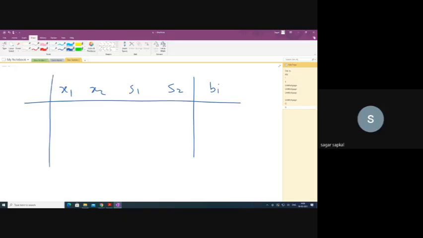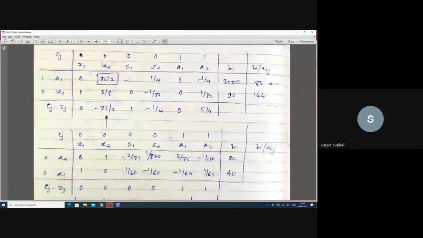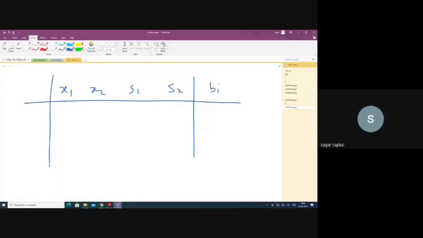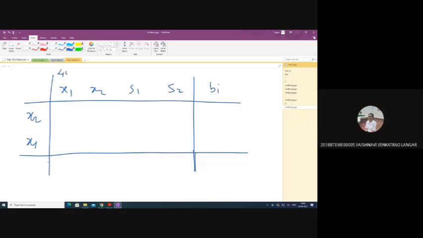Okay, so what is there? X2 and X1. So here it will be X2, then X1. Now what are the original coefficients? It is 40, 24.